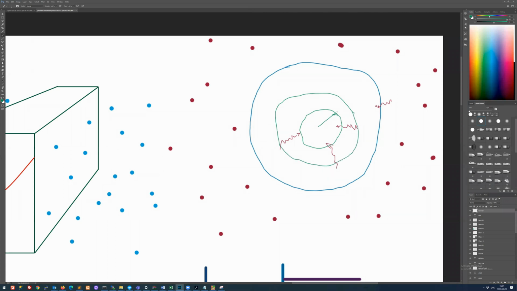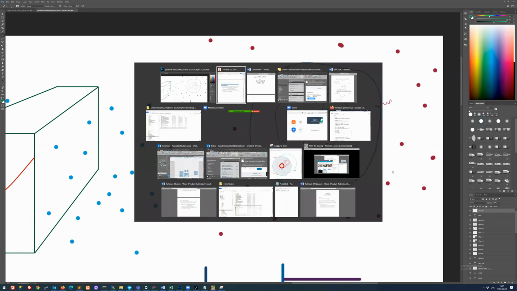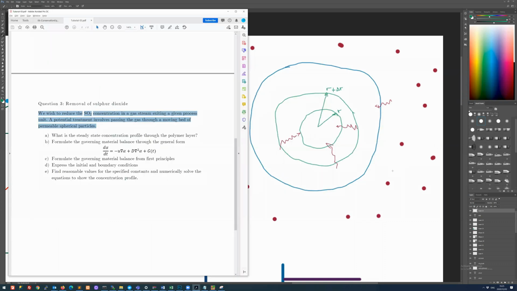So this is at r, and this is at r plus delta r. And then the same approach applies. In this case, is it also just diffusion? Yeah, it looks like we are just relying on the gas diffusing into the particle.